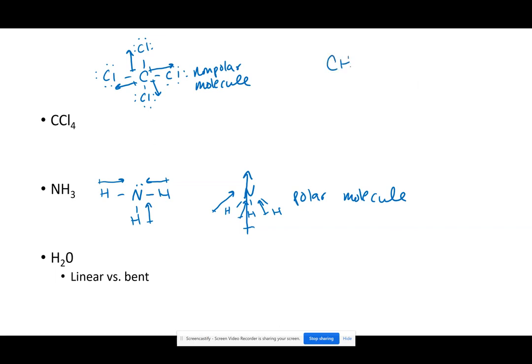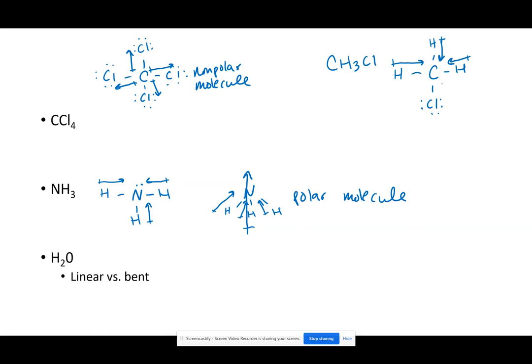If I have something like CH3Cl, H, Cl down on the bottom. Carbon is more electronegative than hydrogen, so those would point towards the carbon. But chlorine is more electronegative. So you look at each bond individually and you do a dipole for each bond and you see what they add up to.